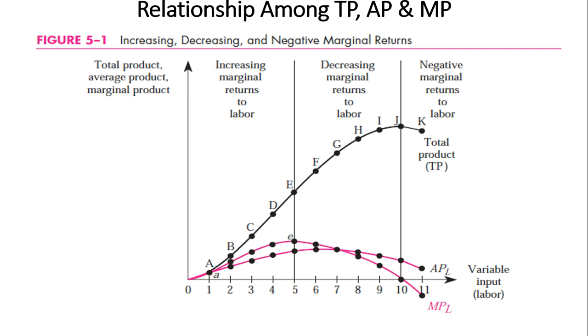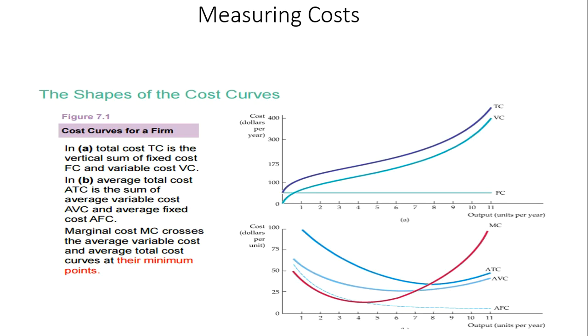Here we are saying that as long as the marginal product is increasing and it's above the average product, then average product will be increasing. If we're analyzing this from the cost side, we're going to say the opposite: as long as the marginal is decreasing and it's below the average, then the average is going to be decreasing as well, and the two will intersect at a point where average product is at its maximum.